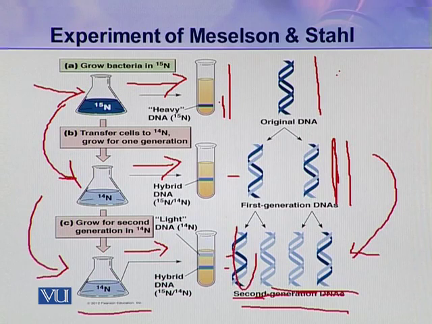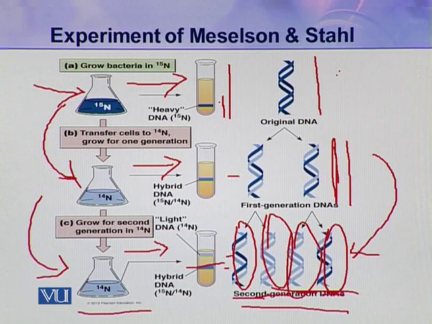These two molecules are hybrid DNA, and these two are lighter DNA, containing N14. In this way they proved that the semi-conservative type of replication is the correct type of replication in DNA.